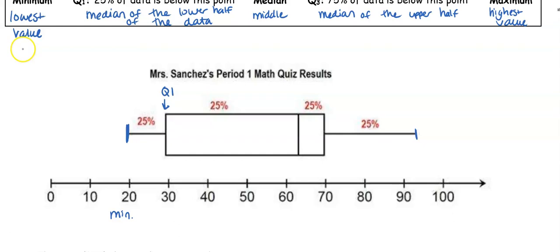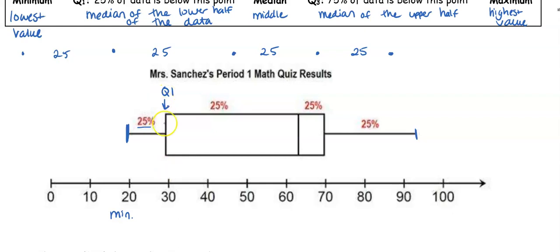So we have the smallest number, the middle of the lowest half, the middle of the highest half, and the highest number. That means we're breaking that down into 25%. I've taken all of my data and I've broken it down into 4 equal pieces. That's why you see this 25% there.